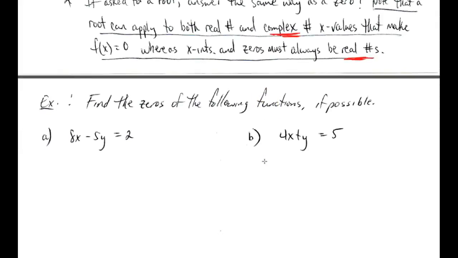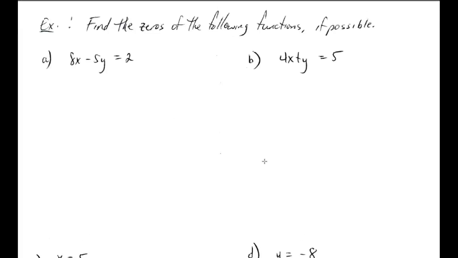All right, let's go ahead and get to the examples here. We want to find the zeros of a given function. In other words, we want to know what x is when y is 0. For this first one, all we have to do is plug in 0 for y.